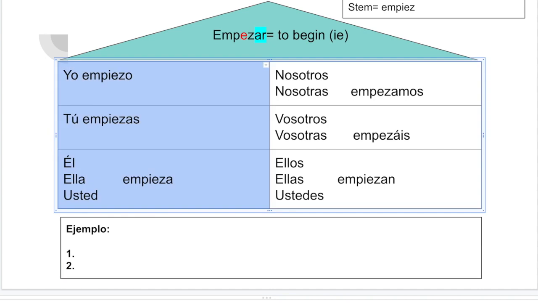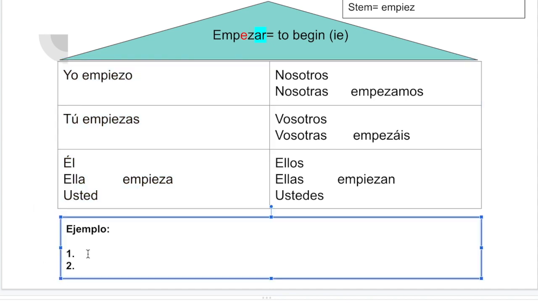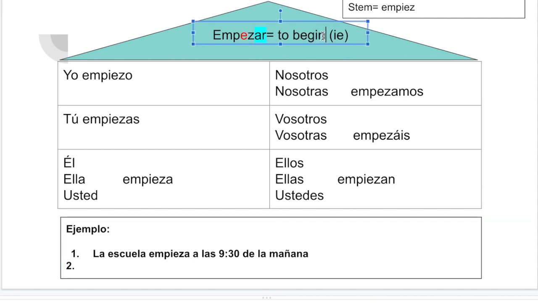Just delete this. Okay. So, la escuela empieza a las 9:30 de la mañana. We learned that in previous lessons. Let's review. So, school starts at 9:30 in the morning. So, it's to begin or to start. Either one.